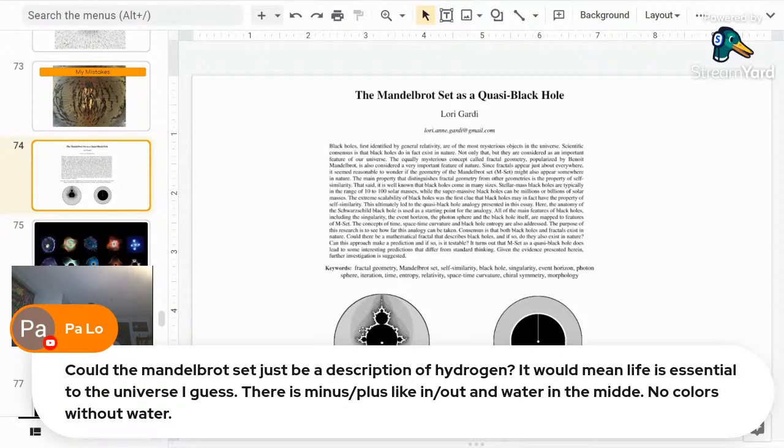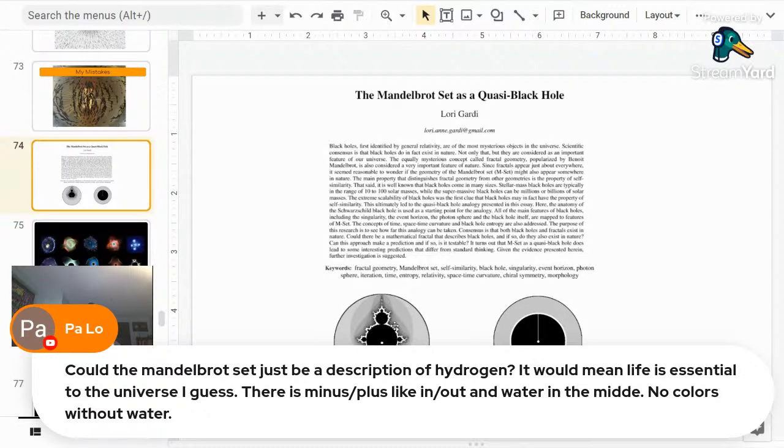If this was a hydrogen atom, the black part would be analogous to the nucleus, and this grayscale part here would be analogous to the electron shells. The event horizon is exactly between the nucleus and the electron shells, and that would be the domain of the weak force.